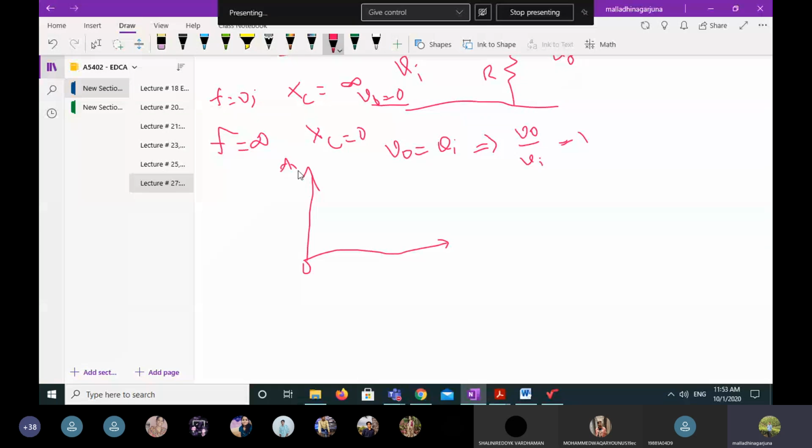As the frequency keeps on increasing, the graph rises like this and stabilizes. At infinite frequency it is stabilized at 1. So the maximum gain is 1 for the high pass filter.